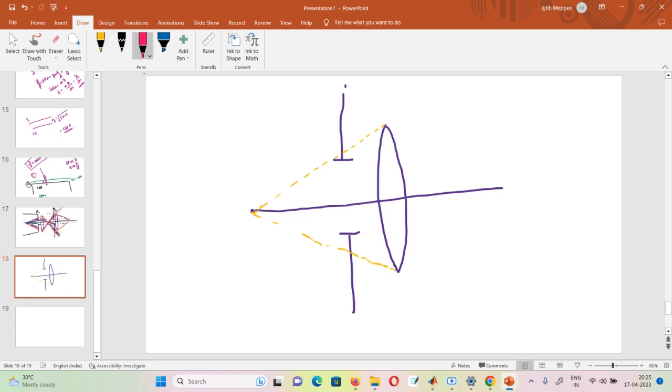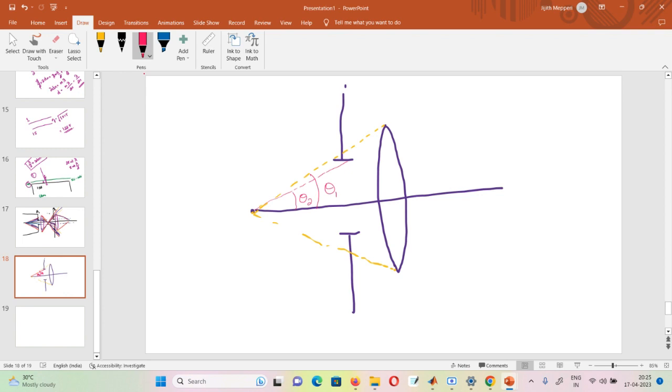But because of the physical aperture there, it can make an angle of this much only. So which angle is bigger? Theta 1 is the one which is made with the lens. Theta 2 is the one made with the aperture. Theta 2 is smaller. Yeah. So always check which angle is the smaller one, and that will make the aperture stop.